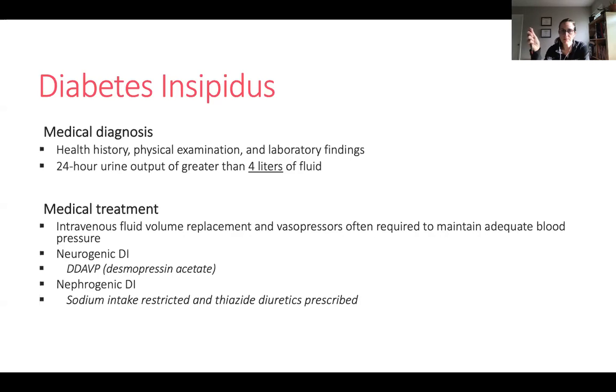As far as medical treatment, fluid replacement, they will do vasopressors when the pressure is really low. For neurogenic, they can do DDAVP, which is a desmopressin. And then for nephrogenic, they will do sodium restriction and then thiazide diuretics.